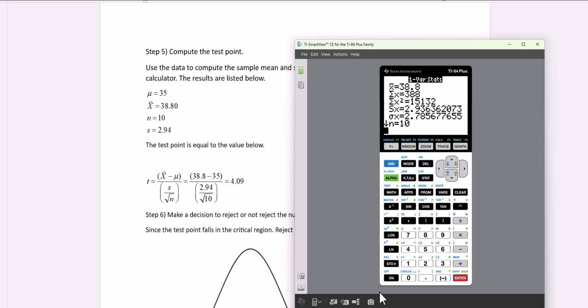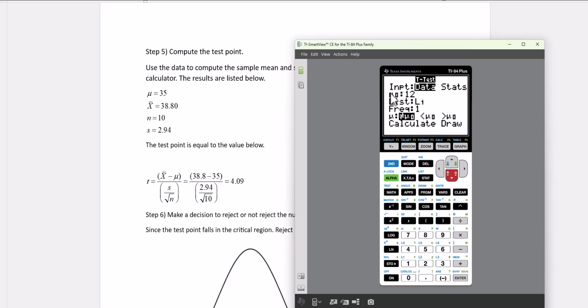Now, if you have a graphing calculator, after you enter the data, you can actually calculate this value directly by pressing Stat, going to Test, Option 2. Instead of selecting stats, you want to select data.